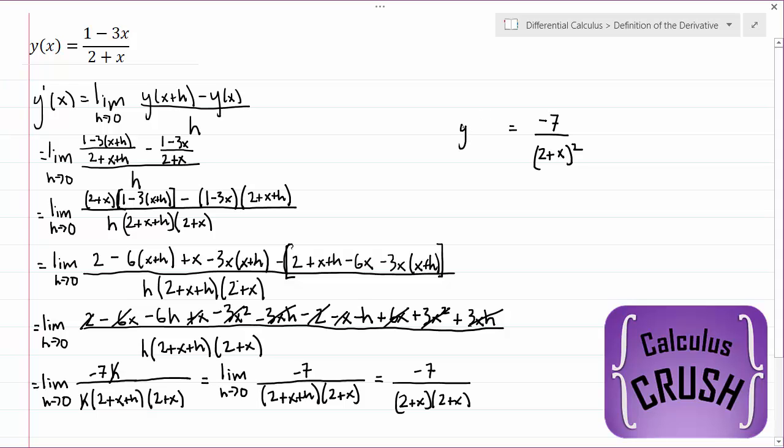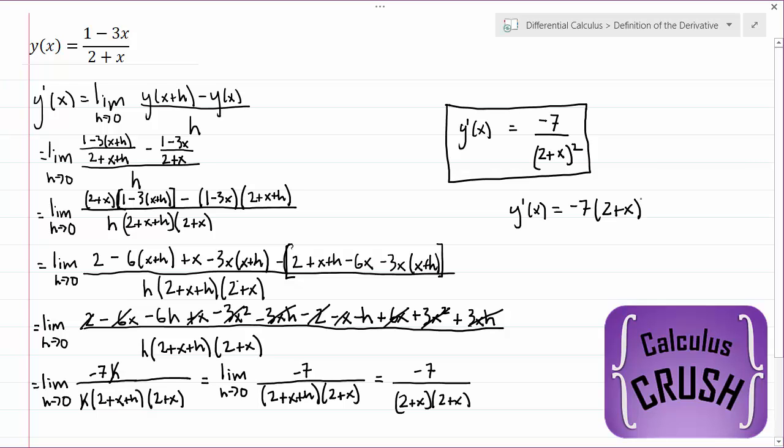So that is y prime of x. Alternatively, you can write it as y prime of x equals negative 7 times (2 plus x) to the power of minus 2. It's the same thing. It's probably a little bit better to write it this way, but it's up to you.